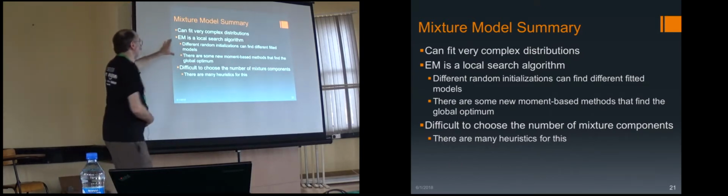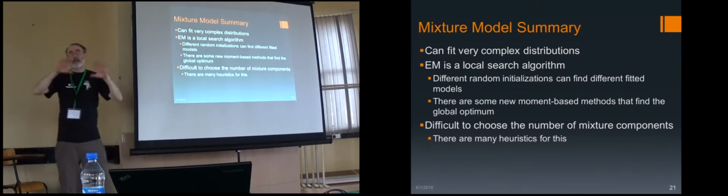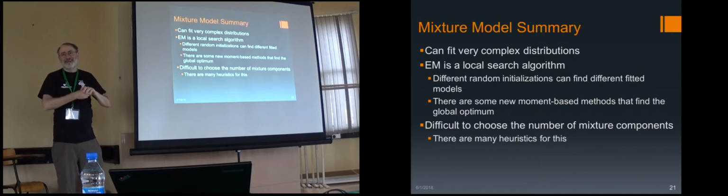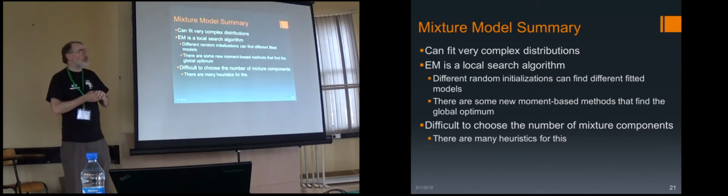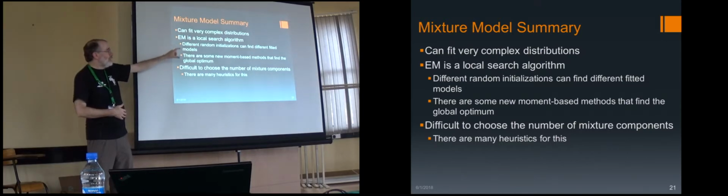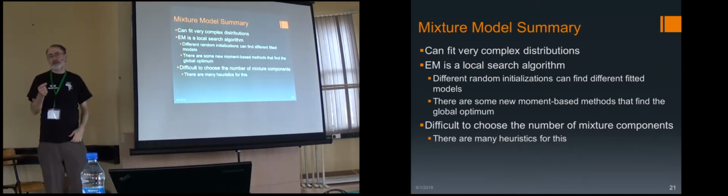Anyway, I mentioned that with a mixture model, in theory, we can fit almost any arbitrarily complex distribution. In practice, getting EM to work would be challenging. The EM algorithm is a local search algorithm. In the last few years, there have been some very interesting so-called spectral methods that are based on calculating eigenvalues and eigenvectors and components of higher dimensional tensors.